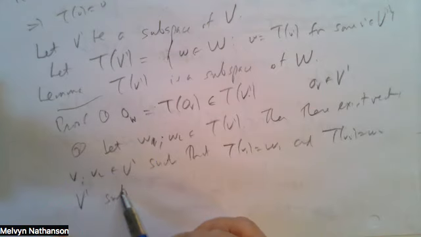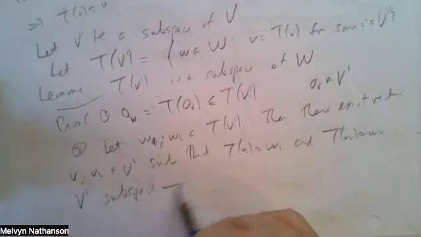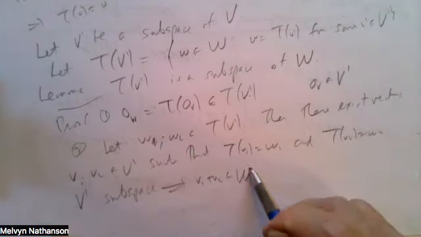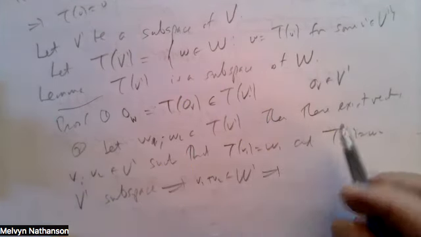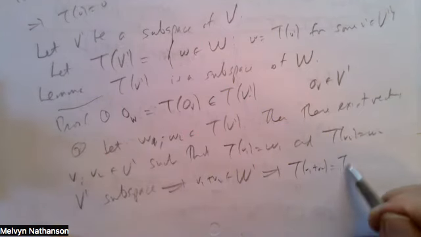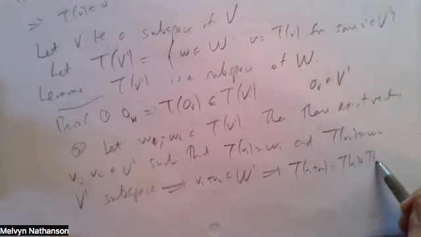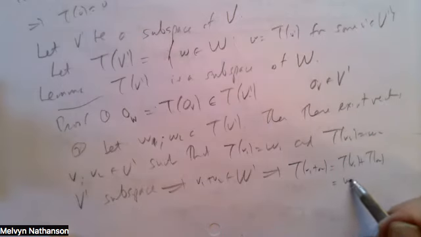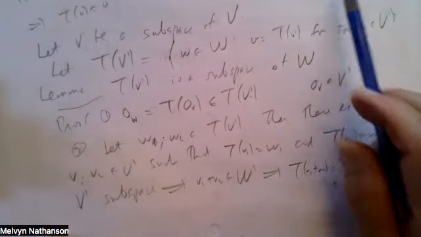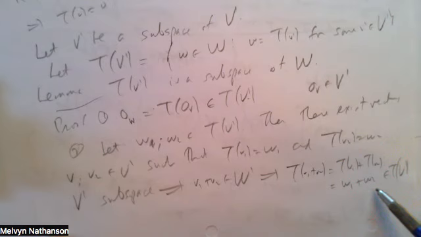But V prime is a subspace, so V1 plus V2 is in V prime, which means T of V1 plus V2, which is T of V1 plus T of V2, which is W1 plus W2, is in T of V prime. So this set T of V prime is closed under vector addition.